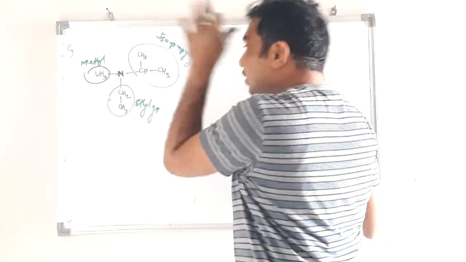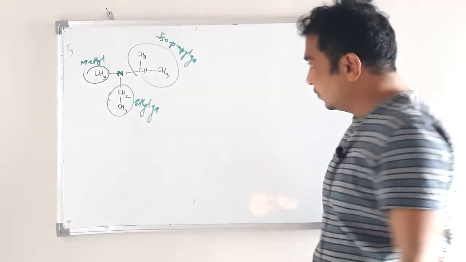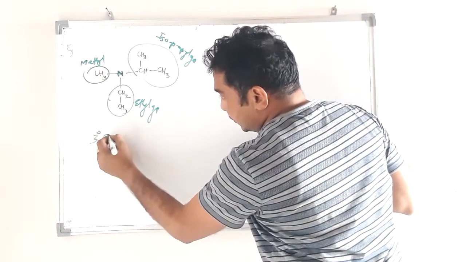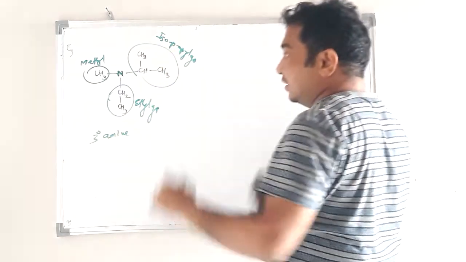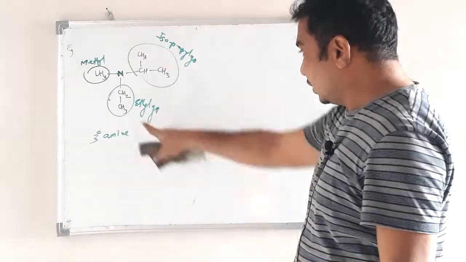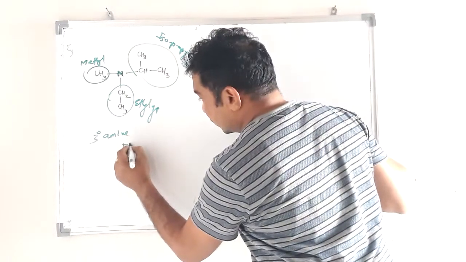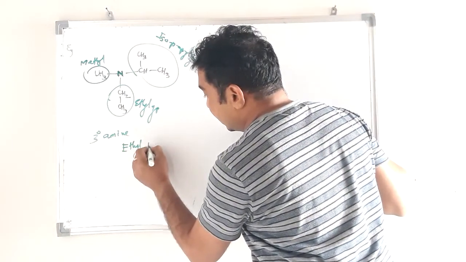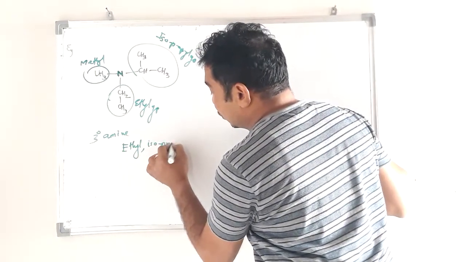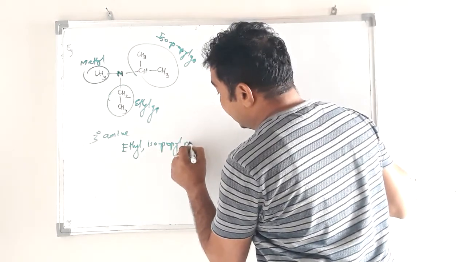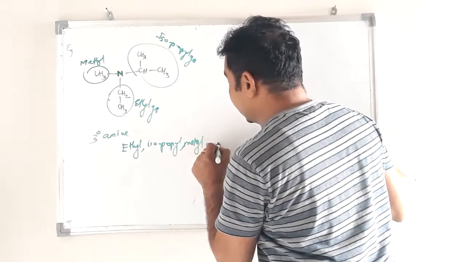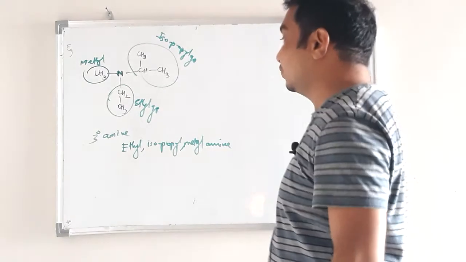Three alkyl groups attached to nitrogen, therefore it is a tertiary amine, having three different alkyl groups. Name them one by one. E comes first, then P, and then M. So ethyl isopropyl methylamine. This is the common name for this amine.